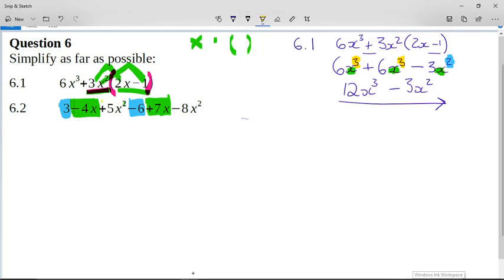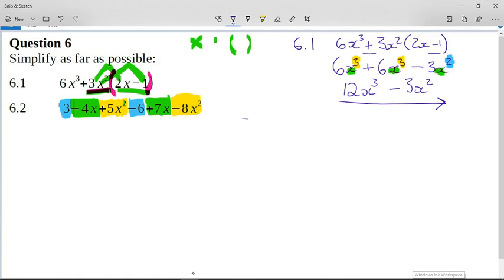So now I'm left with this term, plus 5x squared, and it has an x squared, so it belongs with the other x squared. Can you see in blue I have my constants, in green I have my terms that have x to the power 1 or just plain x, and in yellow I have my x squareds.